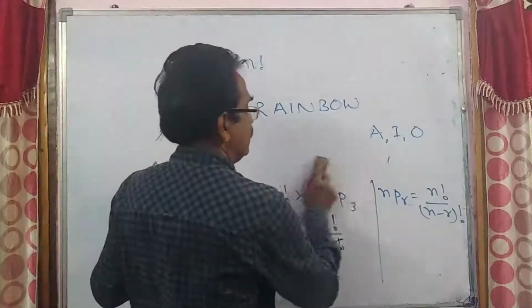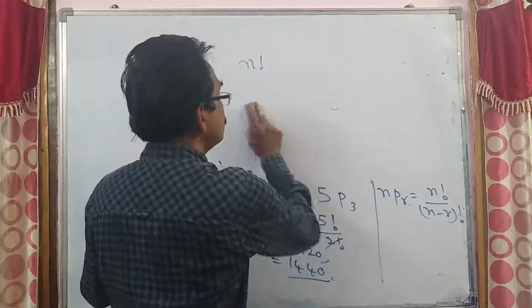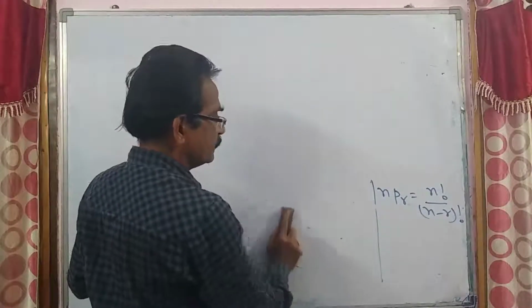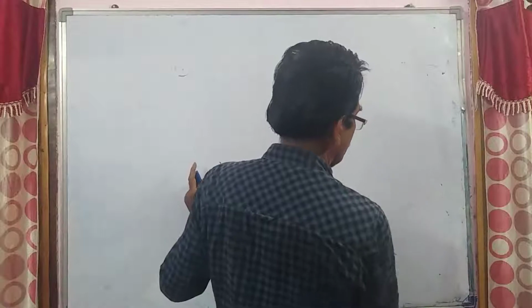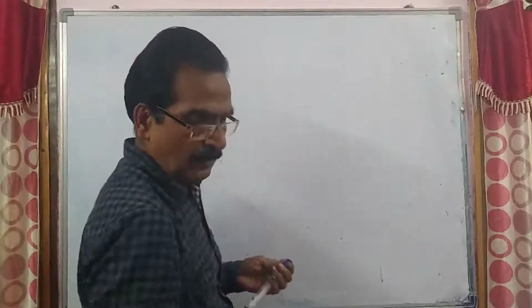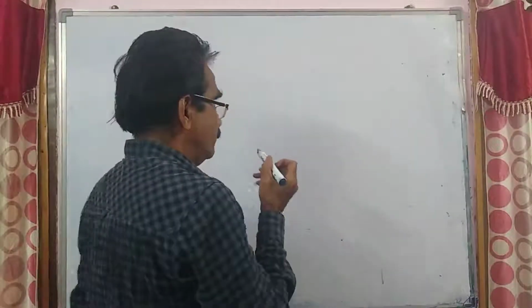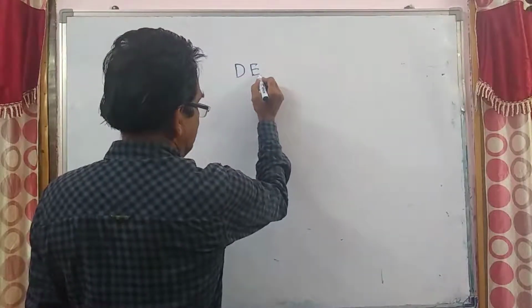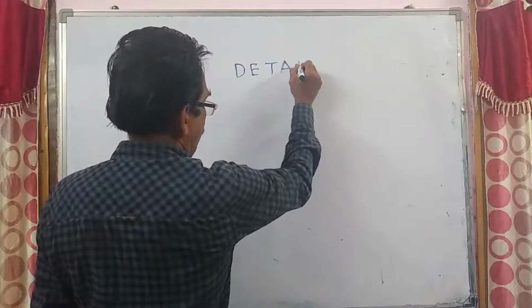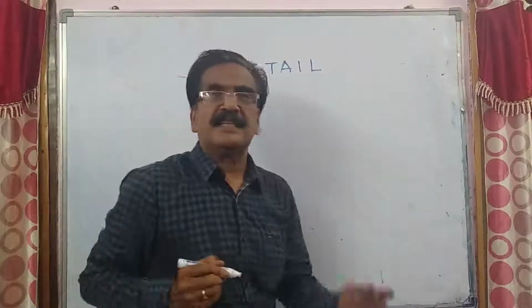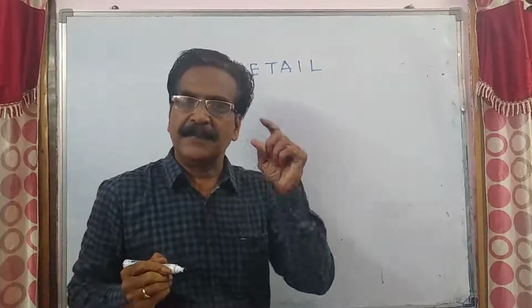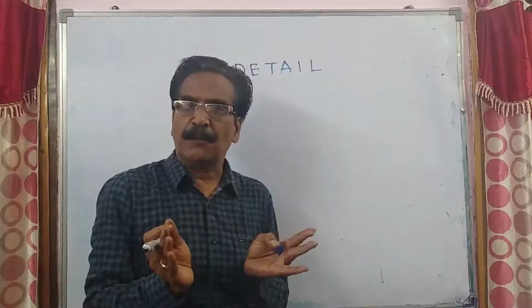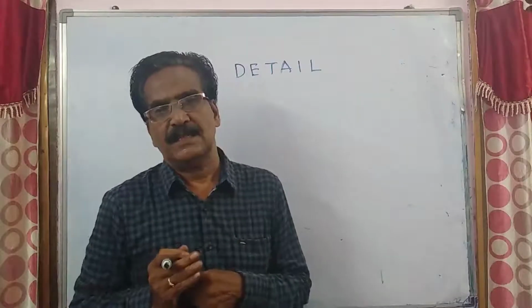Okay, let us see the next problem. In how many ways can the letters of the word DETAIL be arranged such that vowels occupy odd places?